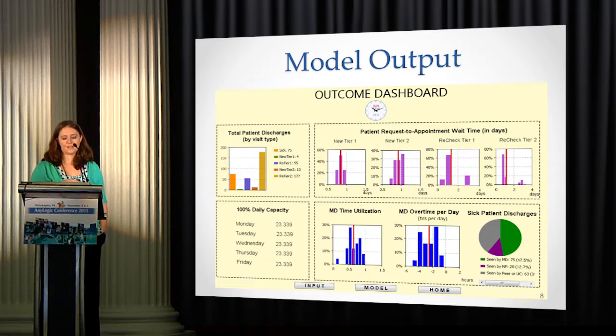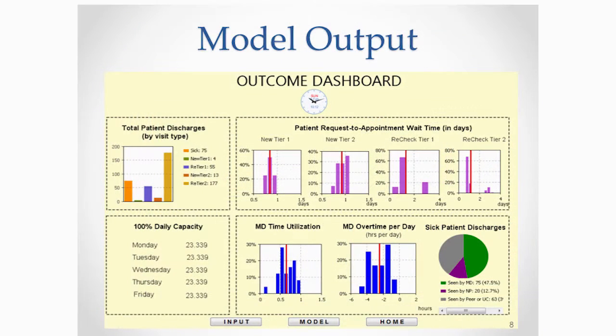And then finally, in the upper right, you've got 4 graphs that are showing us the wait time for the patients. And then in the lower right, this is one of the more important pieces of information the physician's getting out of it personally, and that's how much they're utilized in the facility as well as the overtime that they have to spend in the clinic each day.